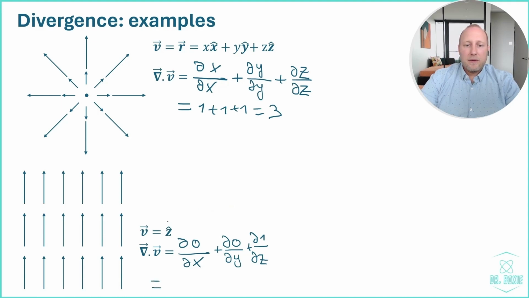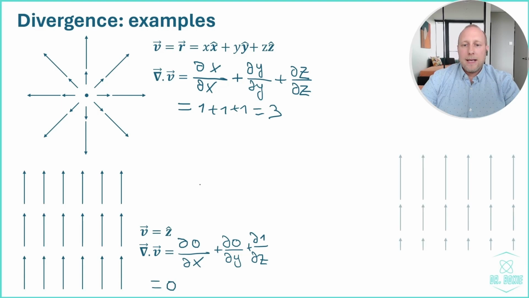And the derivative of a constant is always 0, so we get 0 for all three of them, so the divergence turns out to be 0, in line with the interpretation of it being how much is going away from a certain shape. There is as much going in as coming out, so the divergence should be 0.